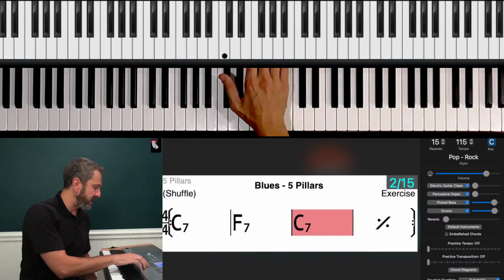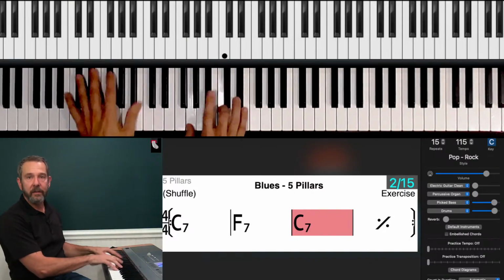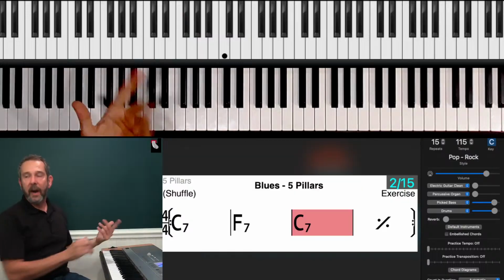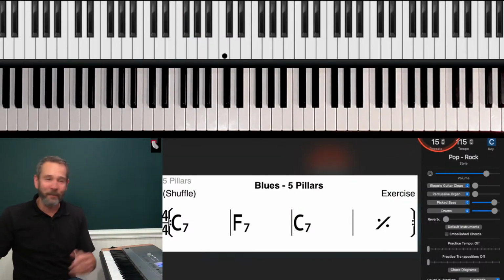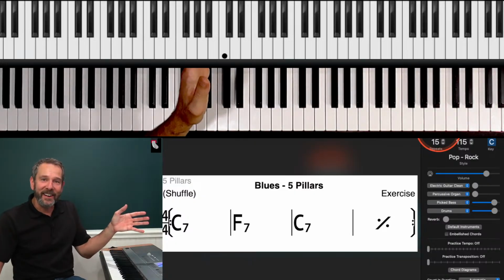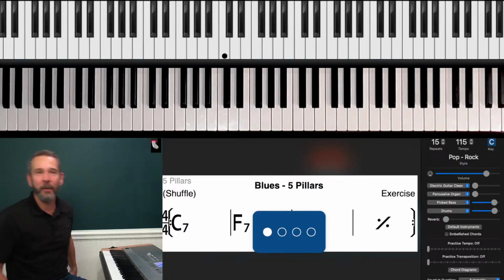Like, for instance, here's a clavinet. All right, so now let's go ahead and improvise over here. Now, typically, you probably wouldn't improvise over this pattern. Well, actually, no, I shouldn't even say that. Anyway, let me play with the clavinet.